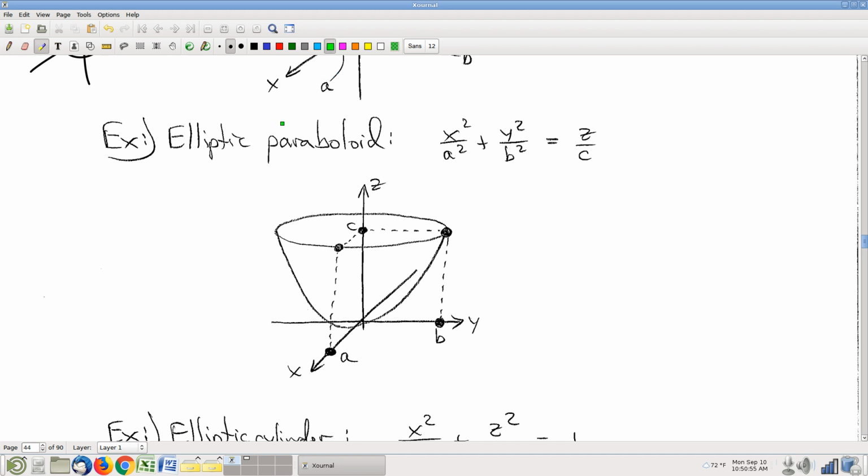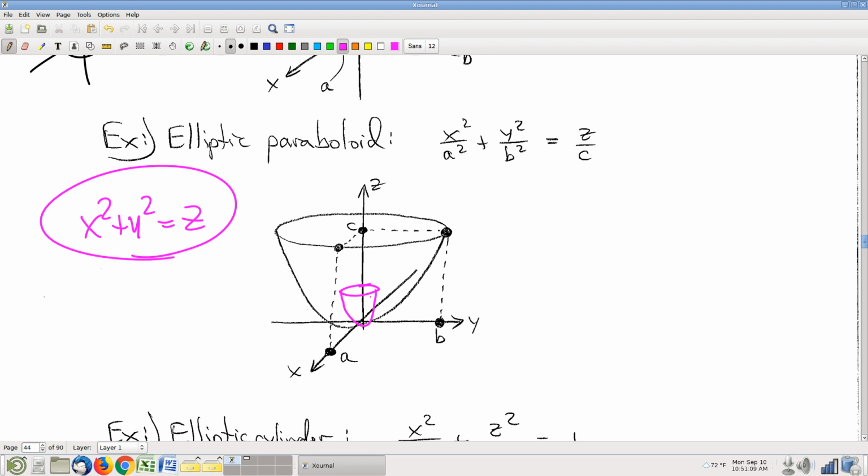You start off with x squared plus y squared equals z. Oh, we know what that is. That's that paraboloid that we've already discussed. And now, apparently, we're stretching by a factor of a in the x direction, by a factor of b in the y direction, and by a factor of c in the z direction.